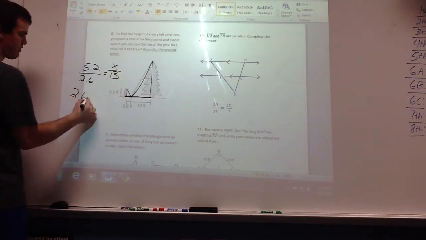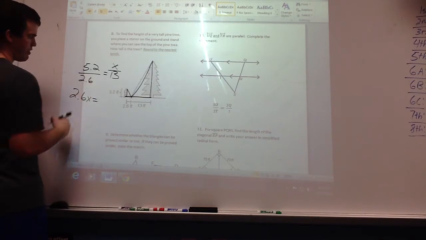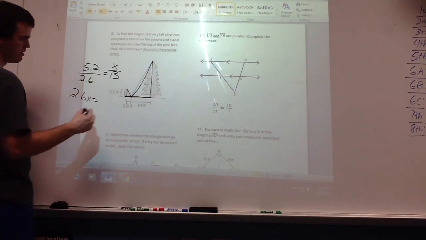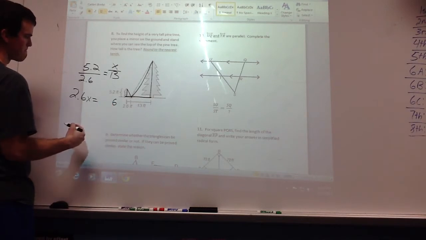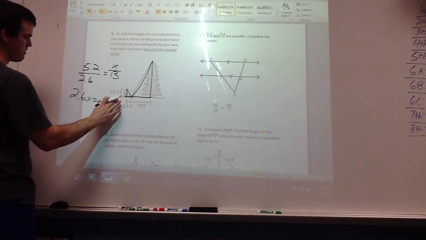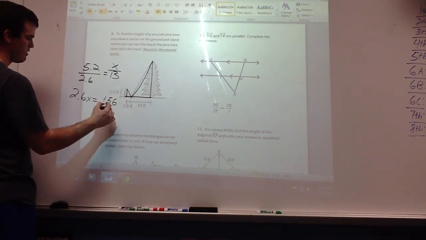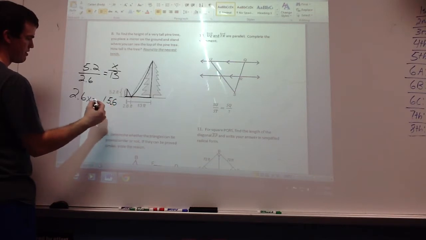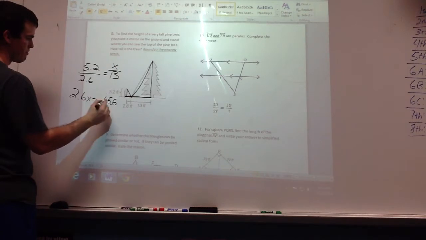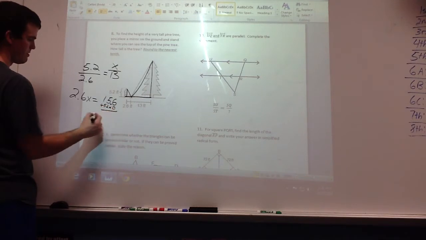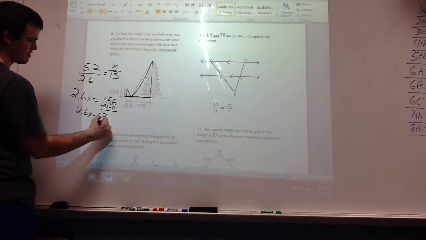Cross multiply, 2.6x equals 13 times 5.2, which is going to give me 67.6.